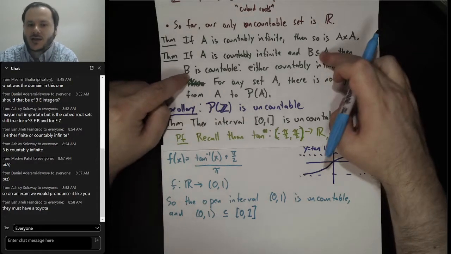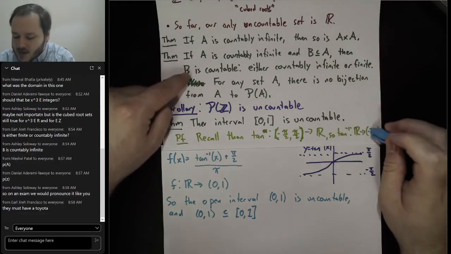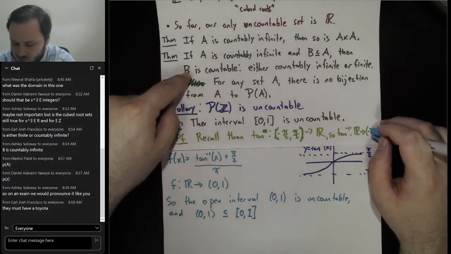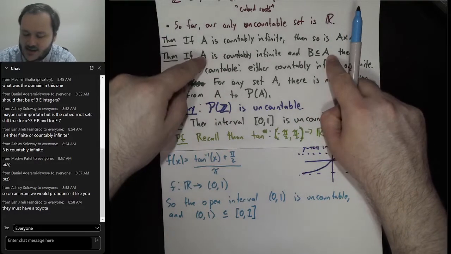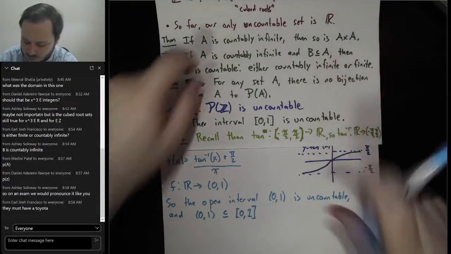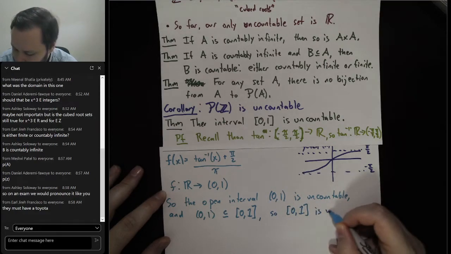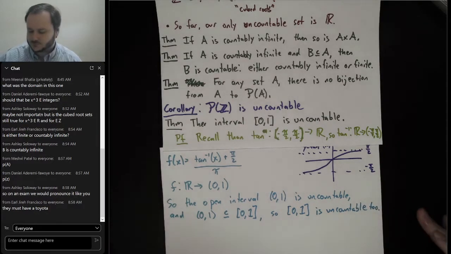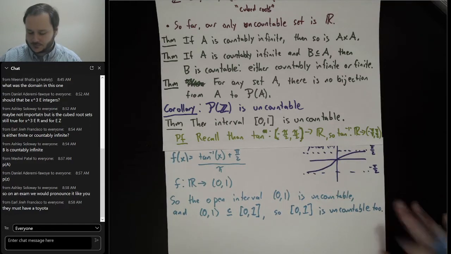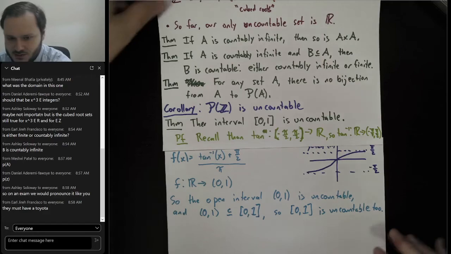So the contrapositive of this statement, all the way back to the beginning of class, is if you have an uncountable set that's a subset of another set, that set can't be countable. Might have to look at that one again later, but not doing anything too fancy there.